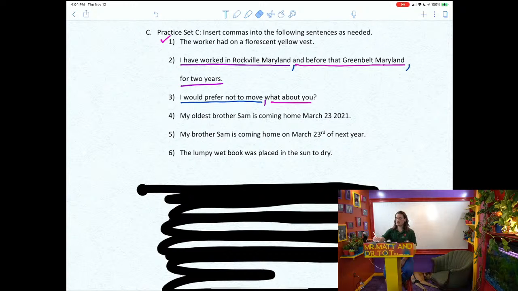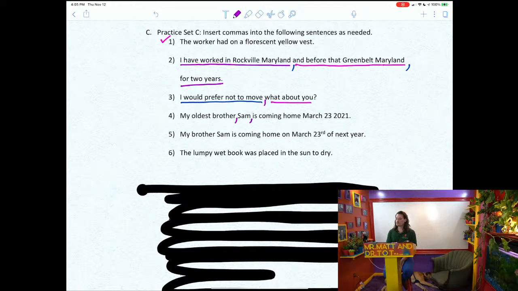So in 4, because we have that superlative adjective oldest, there's only one oldest brother. So Sam is actually non-essential information because we've already identified the individual. We've identified that it's this person's oldest brother. So Sam is non-essential information that needs to be offset by either commas or dashes.